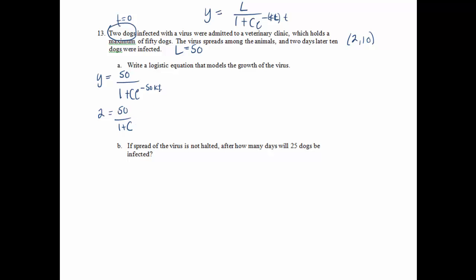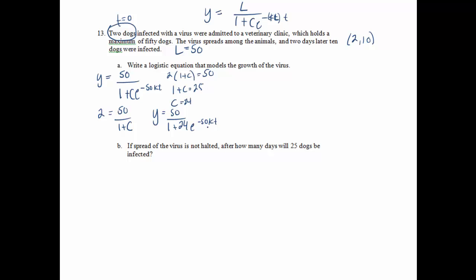I'm now going to cross multiply, so I get 2 times the quantity 1 plus C is equal to 50. I'll divide both sides by 2 to get 1 plus C equals 25. Subtract 1, and I get C equals 24. So now my formula is y equals 50 over 1 plus 24e to the negative 50kt.